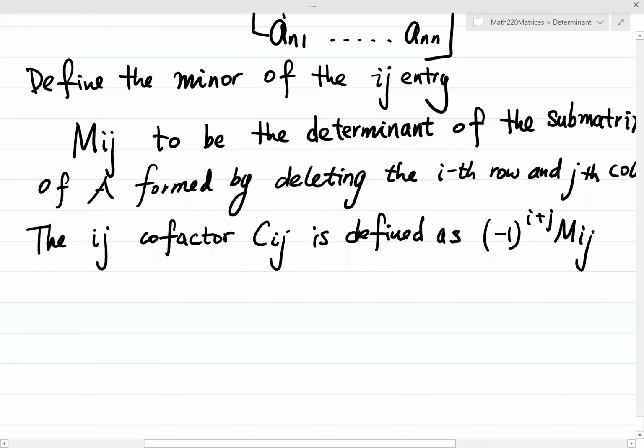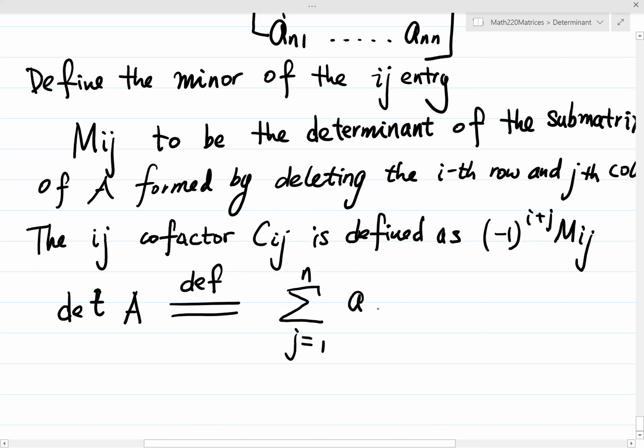And then we define the determinant of A to be the sum for j from 1 to n of A1j times C1j, expanded by the first row. Okay, let's see some examples.